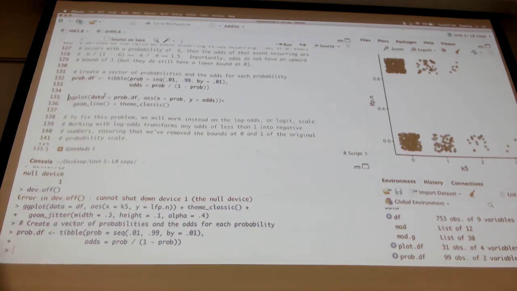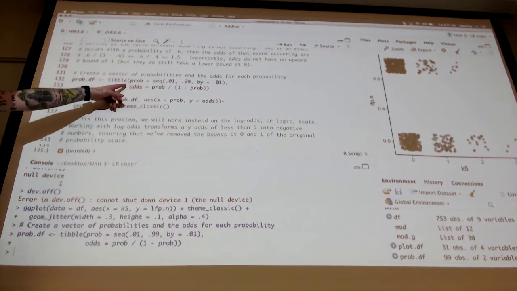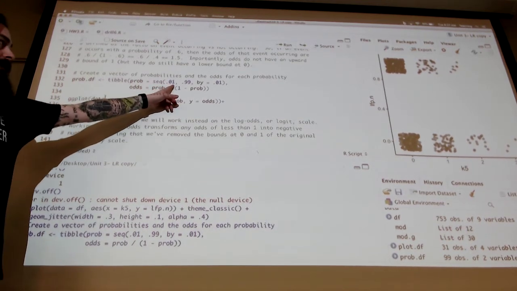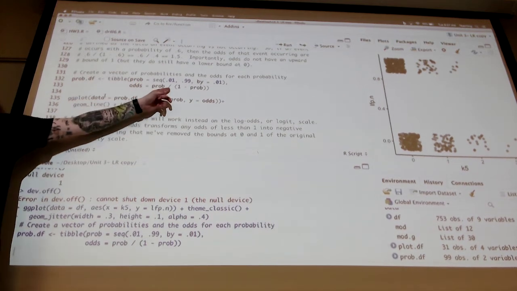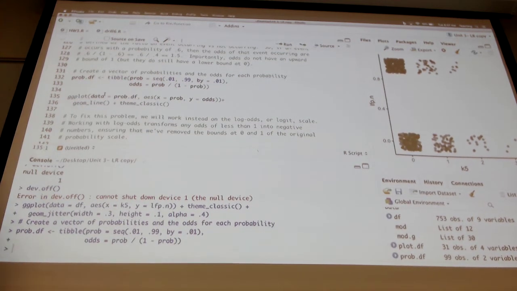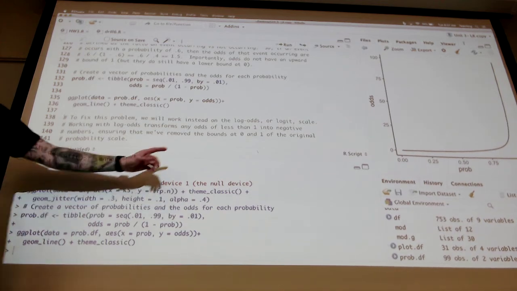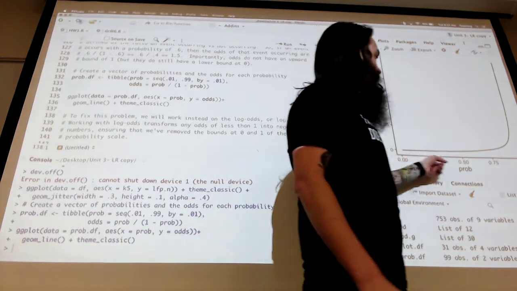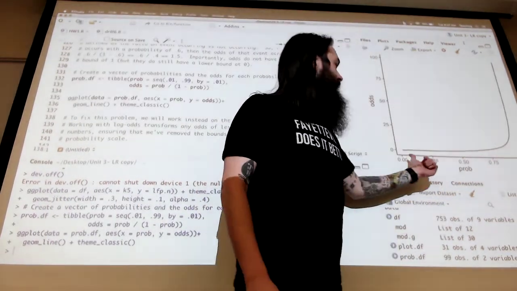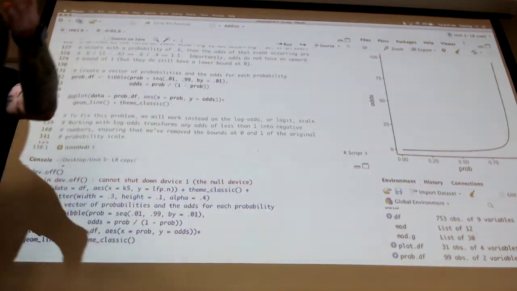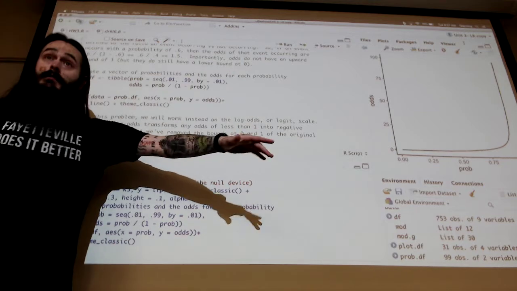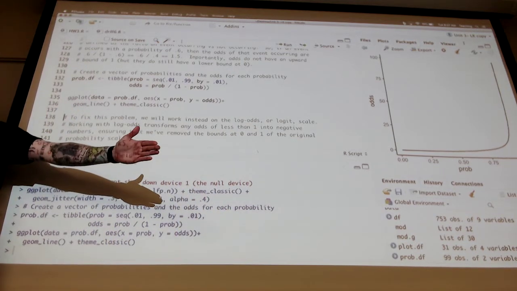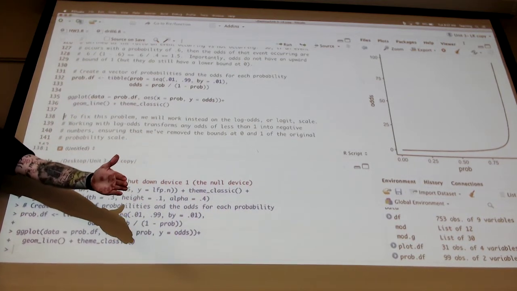Now, all I'm doing here is creating a probability from 0.01 to 0.99, and then the odds are the probability divided by 1 minus the probability. When we look at this, we have our probability down here and our odds. We see that our probability is bounded by 0 and 1, right? Odds is bounded by 0 and positive infinity.